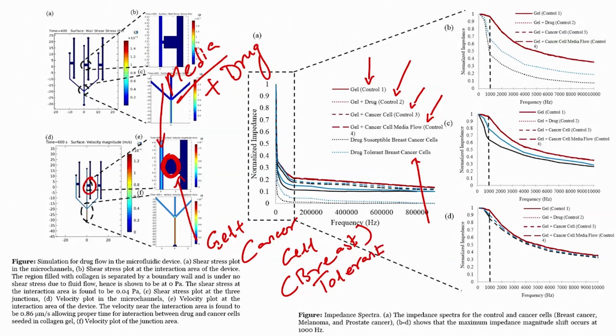right. So, gel plus breast cancer cell which is tolerant breast cancer cell, and we will flow media plus drug, and we will see the change in impedance.